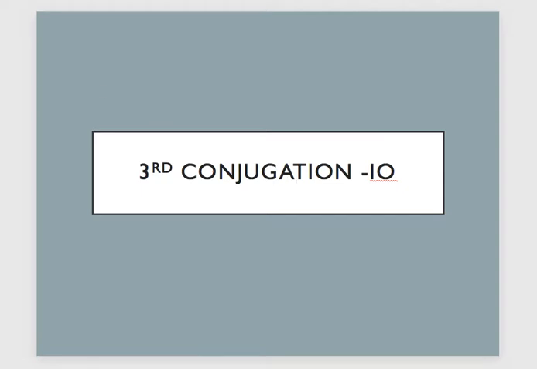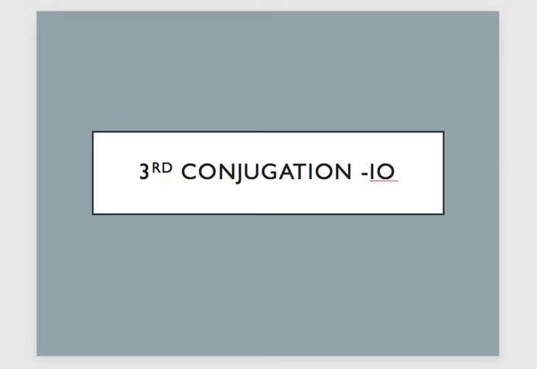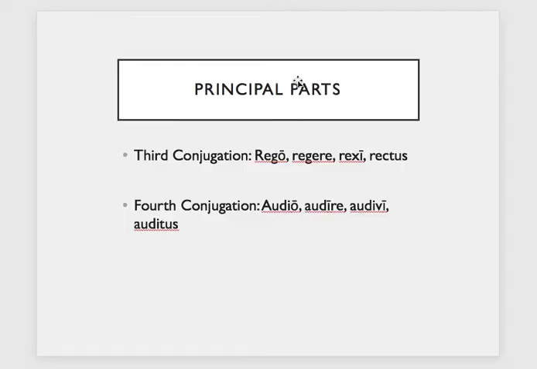All right? So to begin with, we're going to look at some principal parts. How do we know that something is a third conjugation I-O verb? Here we have a third conjugation example, rego, regere, rexi, rectus, just a regular third conjugation verb. And in the fourth conjugation, we remember how we tell that this is fourth conjugation.